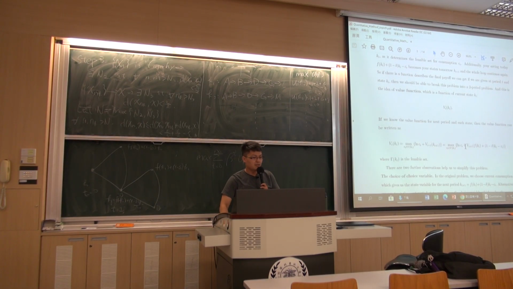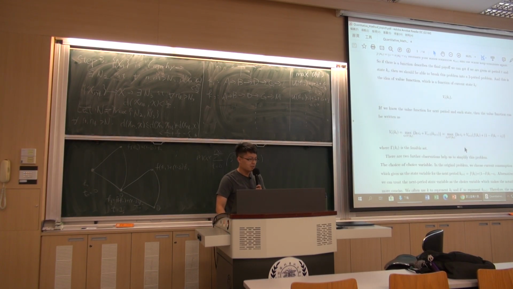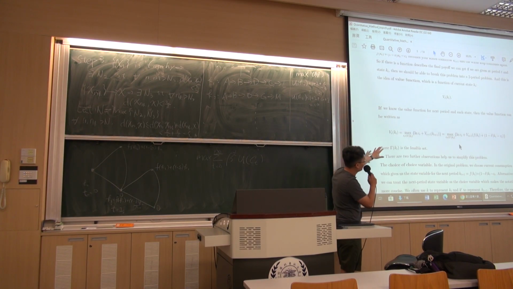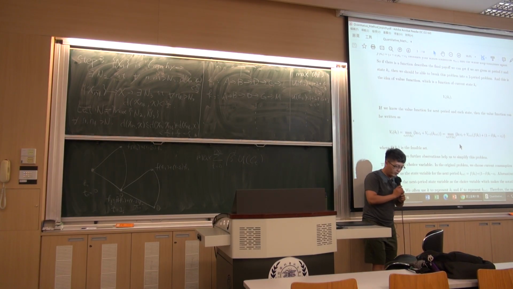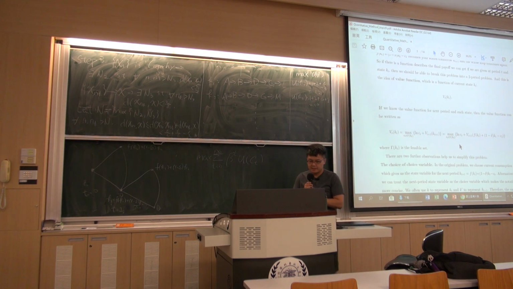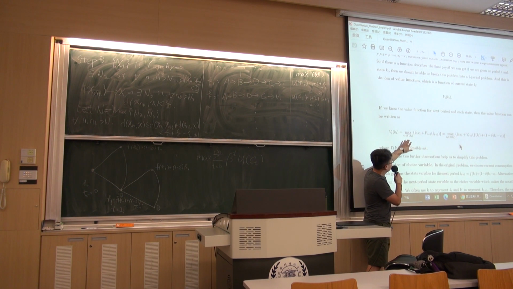Okay. So we can actually rewrite the whole problem in the following way, which is the value function of period t with capital k_t here. This will still maximize your utility.